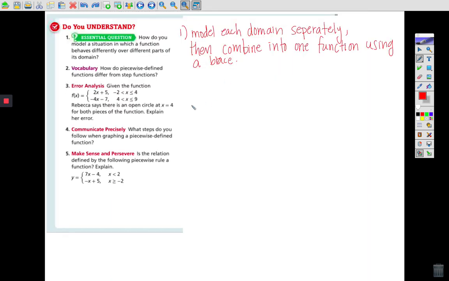So, what I wrote down for number 2 was, describing the difference. Piecewise functions are two or more functions over different intervals.